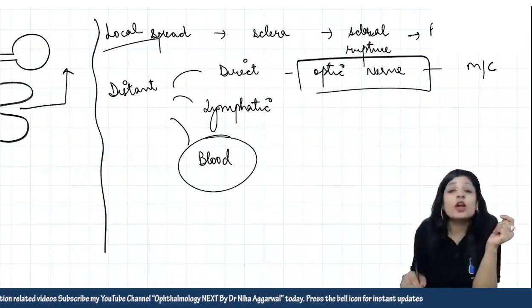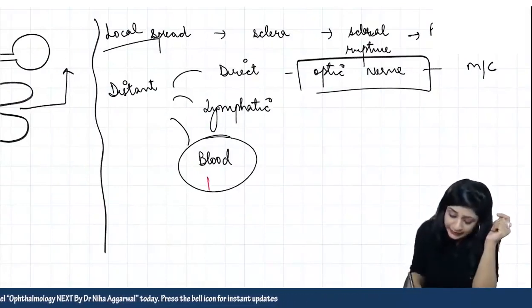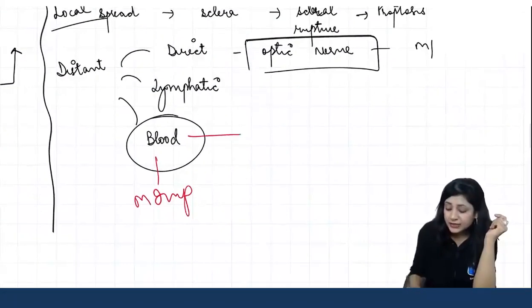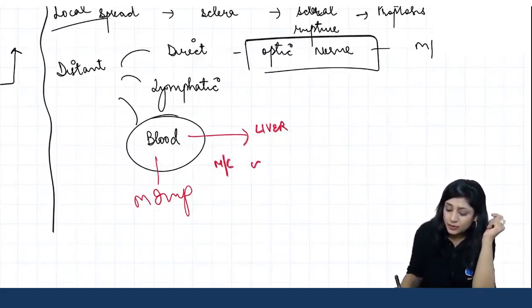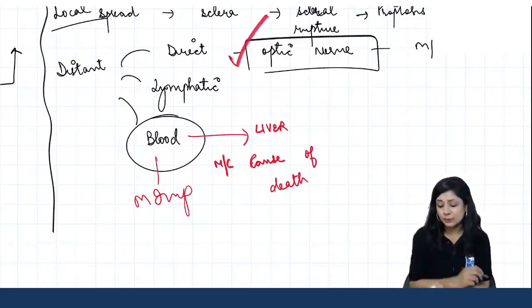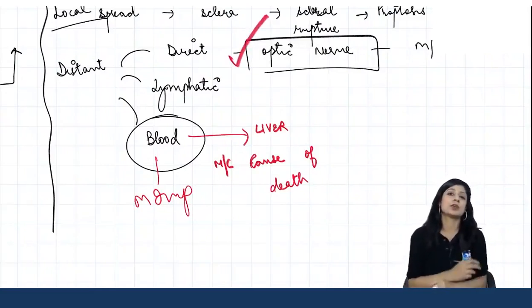Now blood is not the most common but the most important, because it is the cause of death. If it is spreading through blood to the liver, then it is the most common cause of death. So it is most important. There is a difference between most common, which is optic nerve, and the most important, which is your blood.